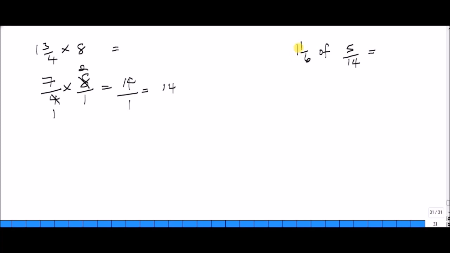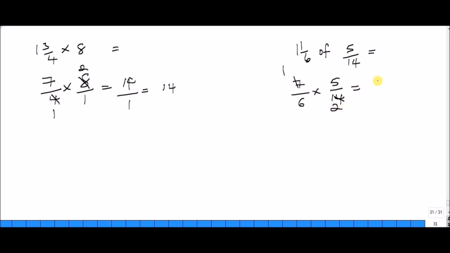So this is 1 and 1/6 multiplied by 5/14. So let's change from a mixed number to an improper fraction. 6 times 1 is 6, and 1 is 7, over 6, multiplied by 5/14. 14ths. 7 into 7 1 time, 7 into 14 2 times.